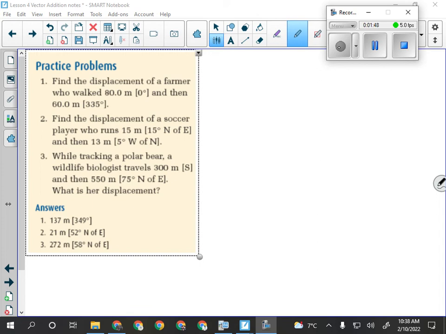My first vector is 15 meters at 15 degrees north of east. So I'm going to draw myself a reference line that is east. I'm going to have a pretty shallow triangle because 15 degrees is not a very big angle. It's 15 meters long, and has x and y. I'm drawing it really small because I'm going to show you the other method in more detail on this question. My other vector is 13 meters long at 5 degrees west of north.